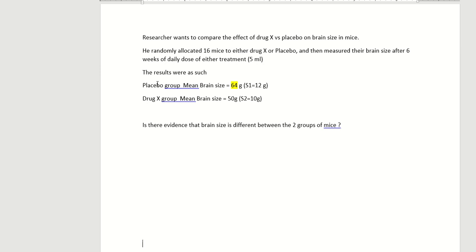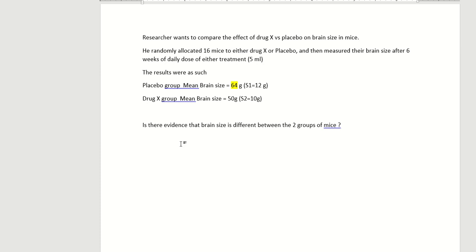After these six weeks, the results were as follows. The placebo group had an average brain size of 64 grams with a standard deviation of 12 grams, whereas the group that received the drug had a mean brain size of 50 grams with a standard deviation of 10 grams. Is there evidence that brain size is different between the two groups of mice?